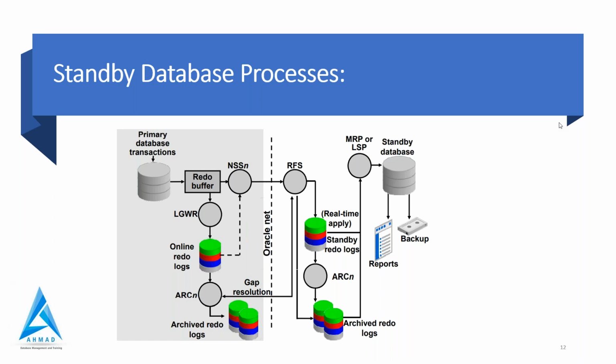I have posted an old diagram, but in the 19c books TTNN is also there. NSSN basically reads the redo from the redo log buffer and transfers the redo data to the standby database, to RFS. I hope that is clear.